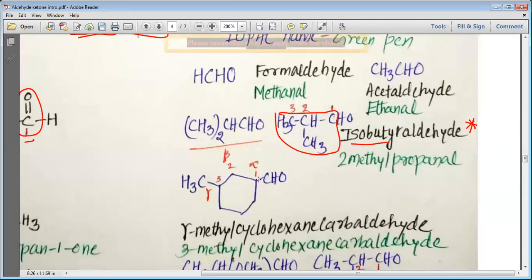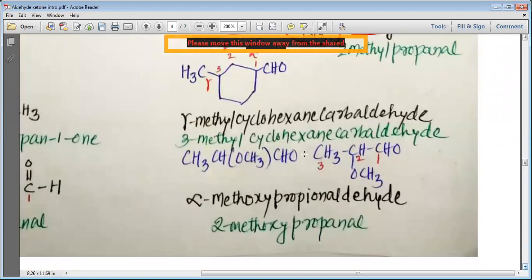You can see this is alpha carbon, this is beta carbon, this is gamma carbon, or 1, 2, 3, and that is why we give the name as 3-methyl cyclohexane carbaldehyde or gamma methyl cyclohexane carbaldehyde. You can look into this compound. This has got OCH3 with it. So if we give numbering 1, 2 and 3, see I have simplified this for you.